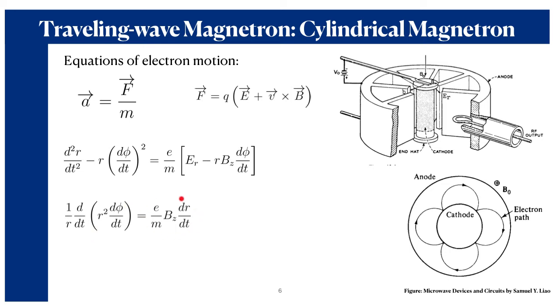So this is also the v cross B part, but this equation is defining the change in angular momentum, because r square d phi/dt is the angular momentum, and the time derivative of this angular momentum represents the change in angular momentum.